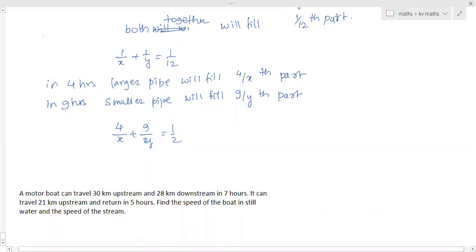What happened? Ma'am, is the speed of the boat in still water 10 kilometers? Yes, right.